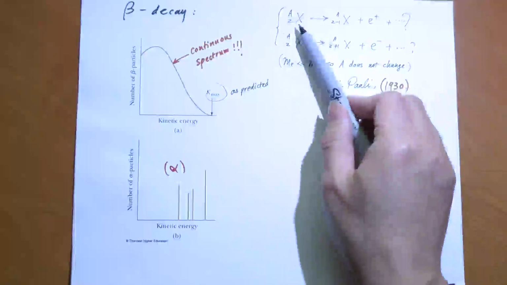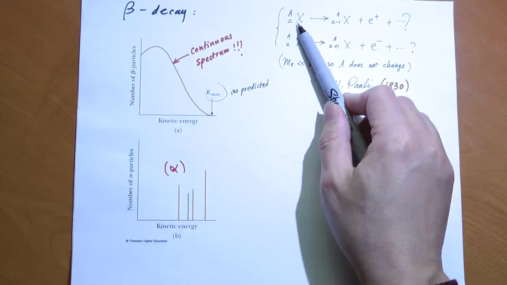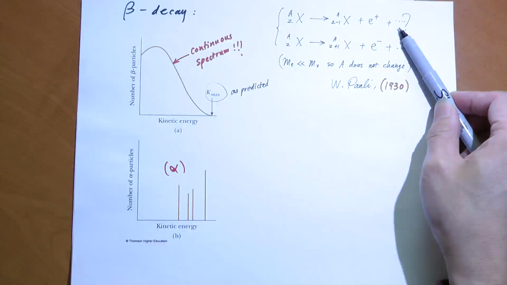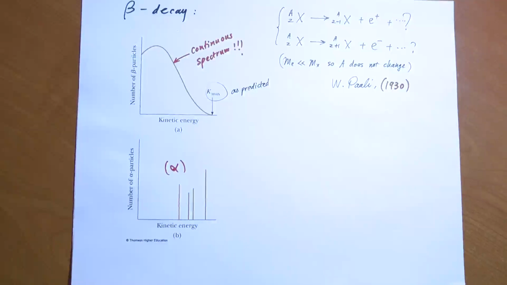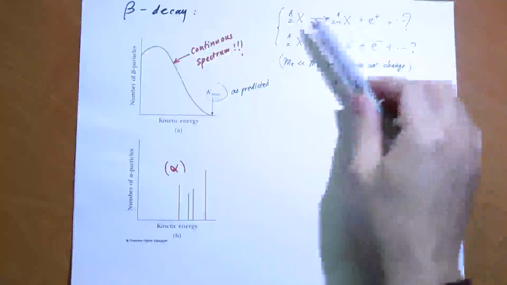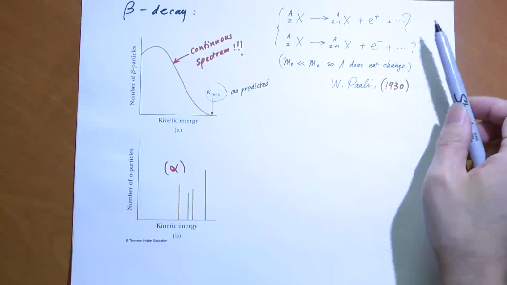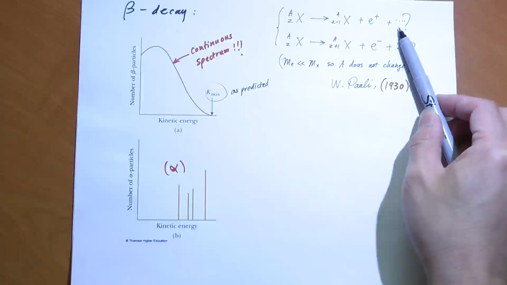Now, the incoming momentum is 0 if you use the reference frame of X. The outgoing momentum should add up to 0. So P1 plus P2 plus P3 is 0. So you have that one equation. You have another equation, which is the conservation of total energy, which means the mass reduction between initial and final state should go into the kinetic energies of these three particles, K1, K2, and K3.